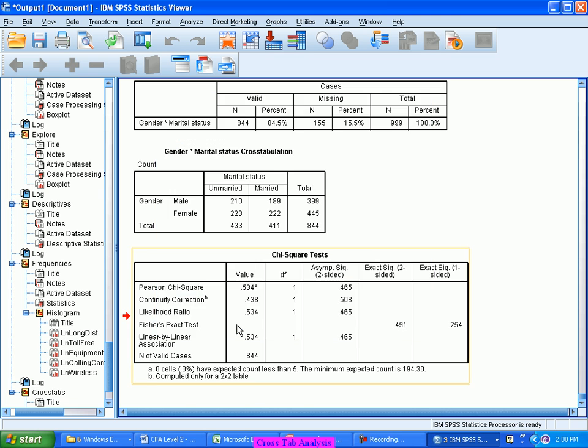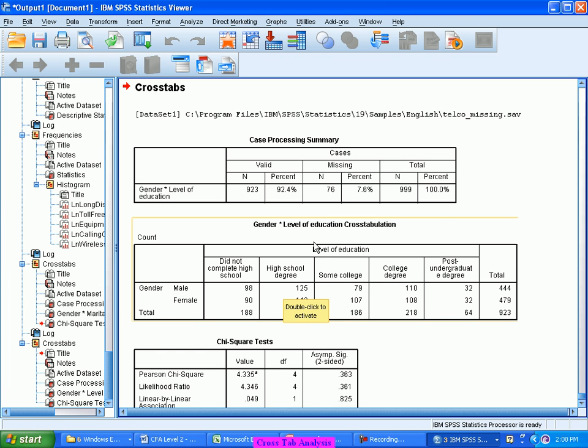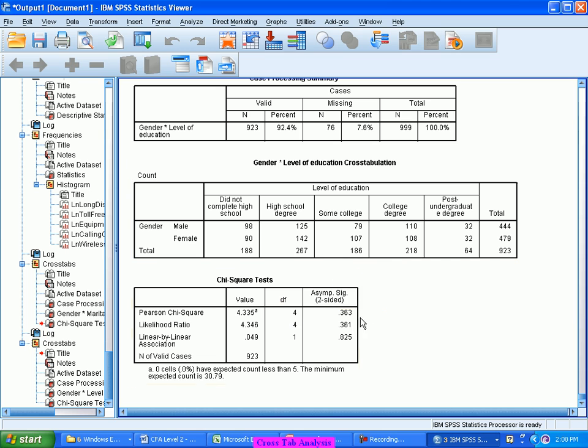Let's see if the chi-square is anywhere different. 0.36. The significance level for this chi-square is 0.36. Greater than 0.05. Null. Uniform. Even across the various education levels, there is a uniformity in the distribution between males and females.